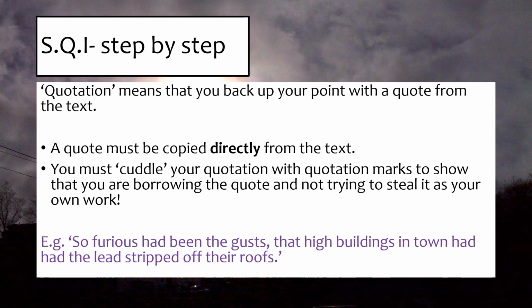So for instance, "so furious had been the gusts that high buildings in town had had the lead stripped off their roofs." You can shorten that quote down into "so furious had been the gusts." You could shorten it down to "the lead stripped off their roofs." It's up to you, okay?